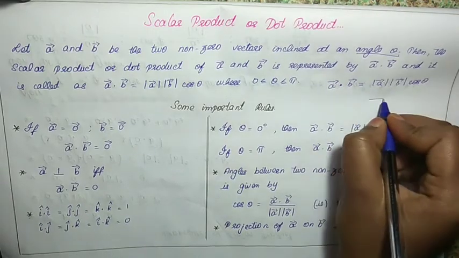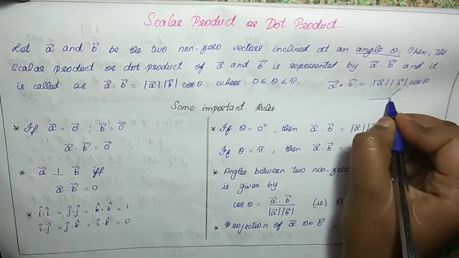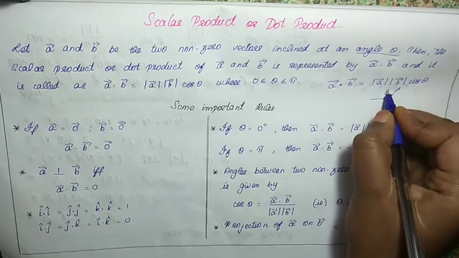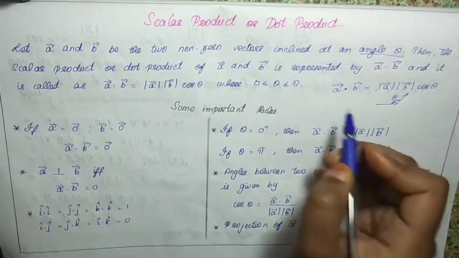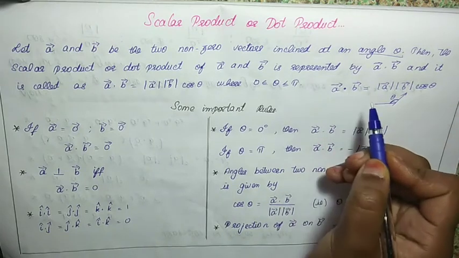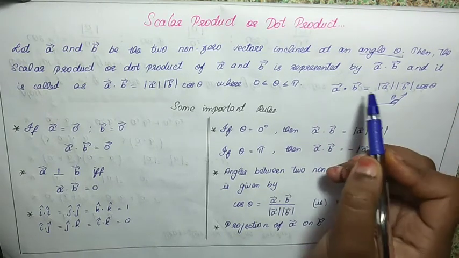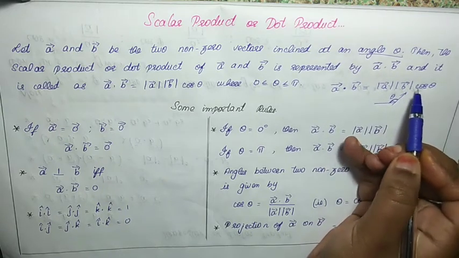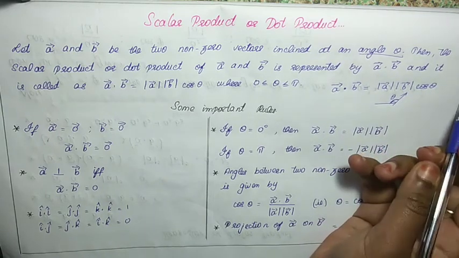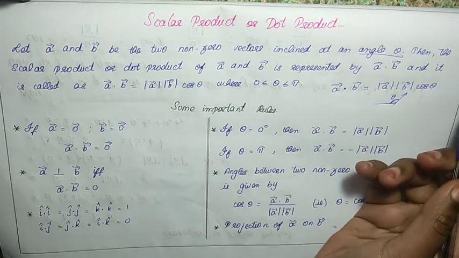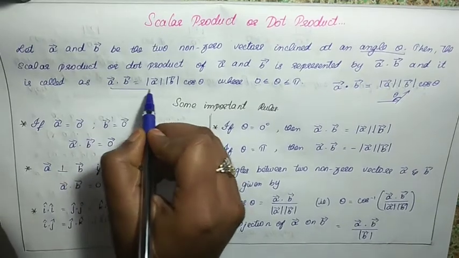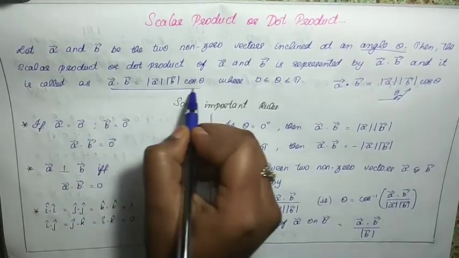As we saw in the triangle law, this is a vector and this is b vector, and the angle between them is called theta. So if we take the dot product of any two vectors, it is equal to the magnitude of the first vector into the magnitude of the second vector into cos theta. This is a very important definition which we will be using.